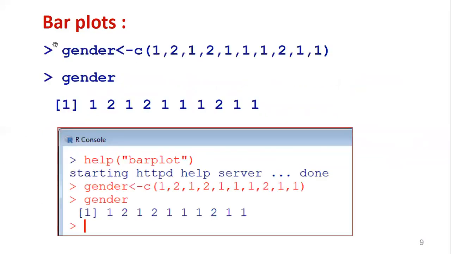Now create the vector gender with all these 10 observations. Whenever you call the vector gender, it displays 10 observations. Then the help command, you can type like this: help within parentheses with double quotes barplot. The previous screenshot that we saw will be displayed. After creating the gender vector, you can call it.